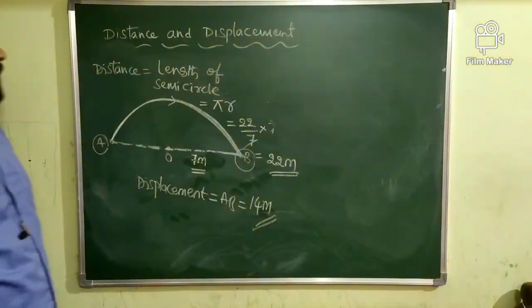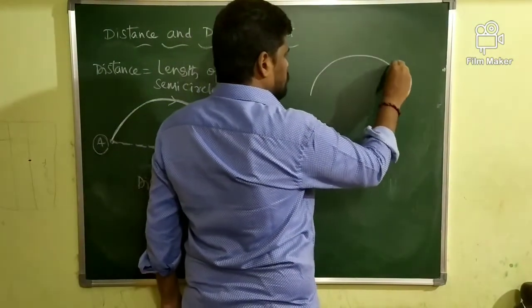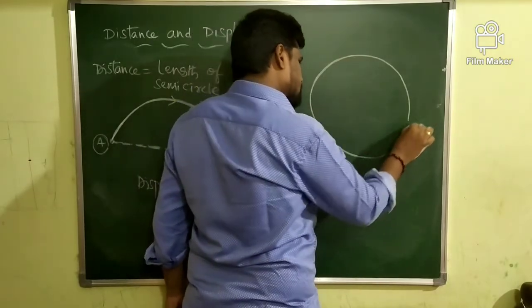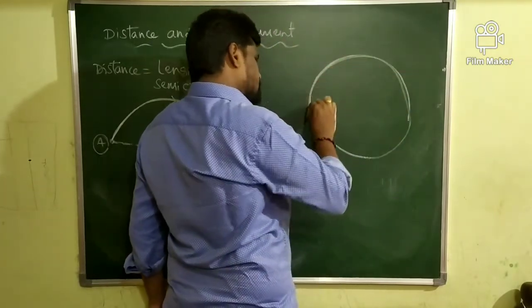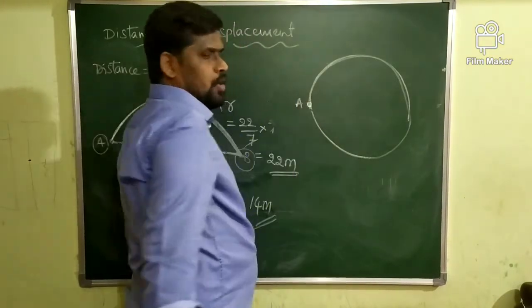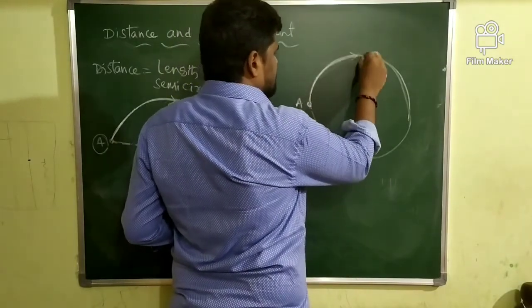Now the body is moving in a circle of radius 7 meter. How is the body moving? It starts its journey from point A, moving along a circular path like this.